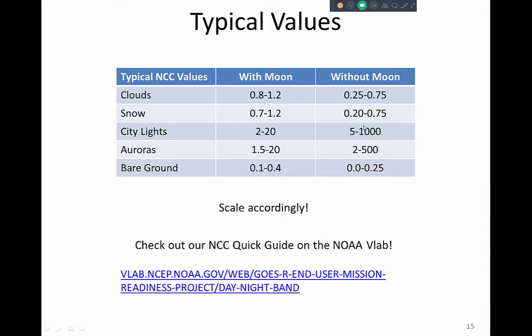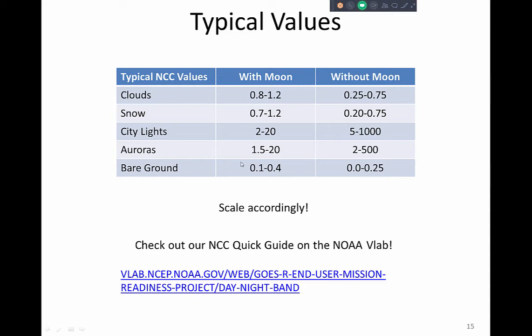And so city lights may have values that approach 1,000 when you have no moonlight. But when there is moon, values are closer to 5 to 10, although maybe extending a little bit above and beyond that depending on what you define as a city. And in the same way, the values for auroras increase when the moon goes away.